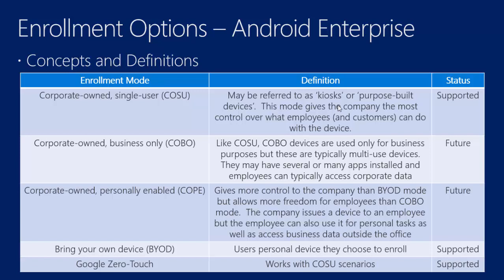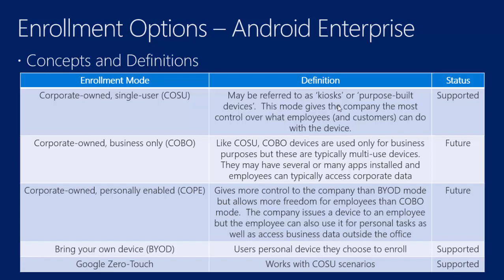There are 2 other modes that are steps toward more user freedom, right? COSU is the most restrictive on the user that there can be in the Android ecosystem. BYOD is the most freedom that a user can have while their device is managed.